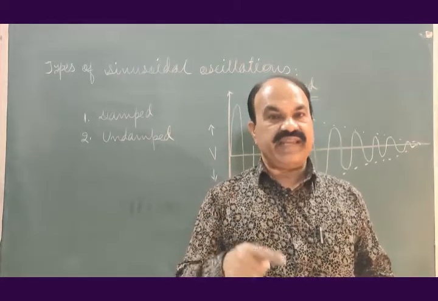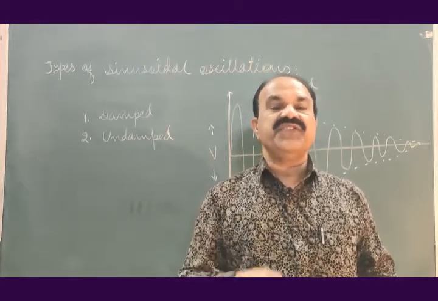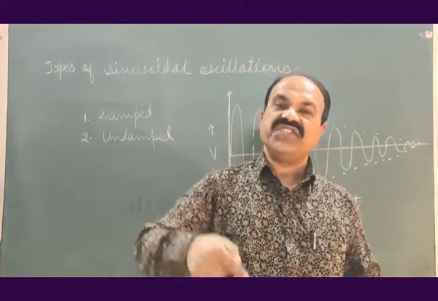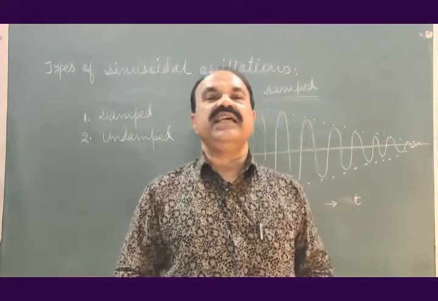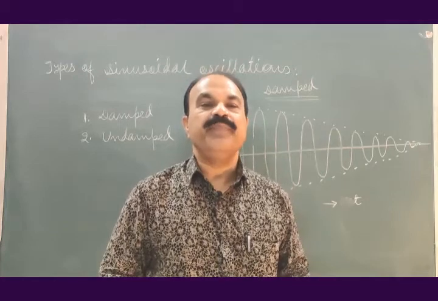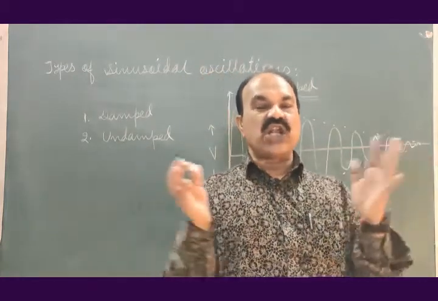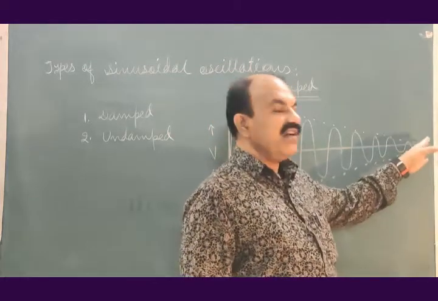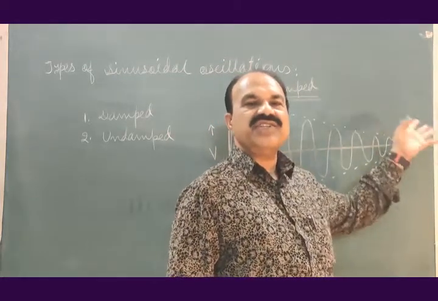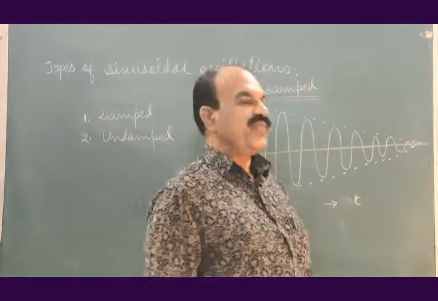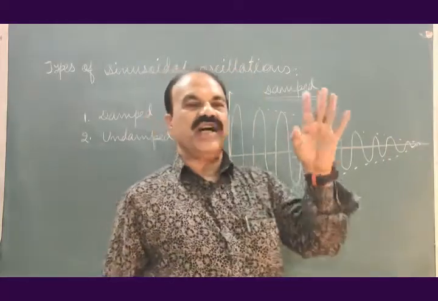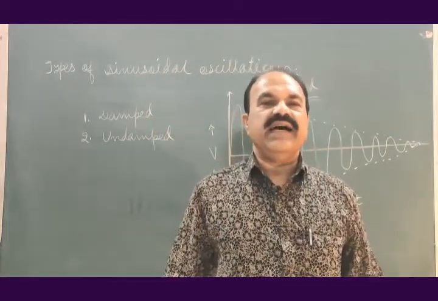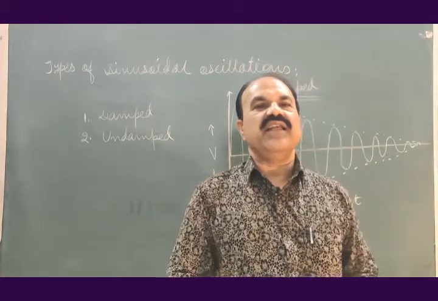So its energy is decreasing continuously, and after certain time, when whole of the energy is lost in overcoming the electrical resistance, the sinusoidal oscillations will die off. Such oscillations are known as damped sinusoidal oscillations.